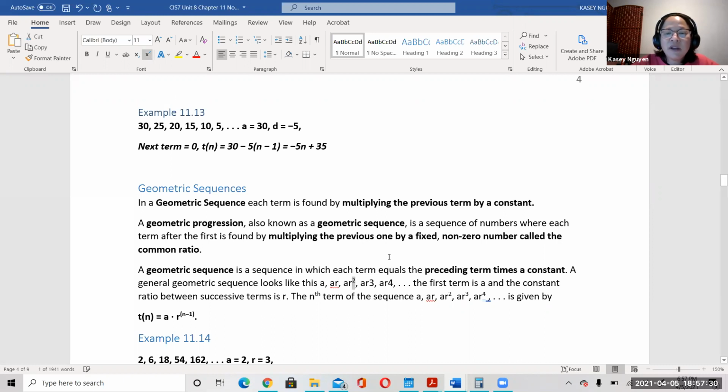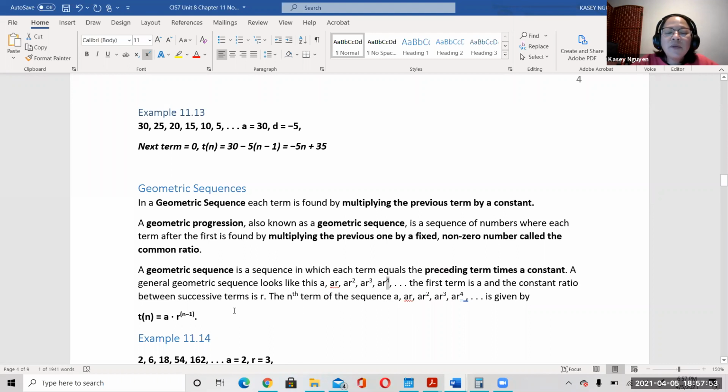I'm sorry, I forgot to change this to an exponent. That would give you a times r for the second term. The third term will be a times r squared, and the following term will be a times r to the third, and so on. Okay.